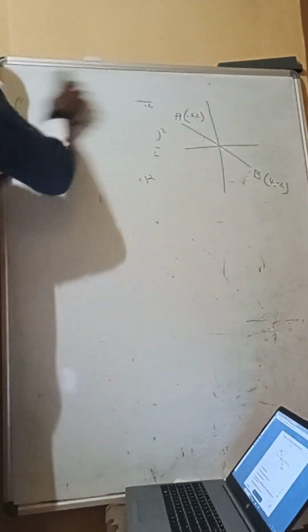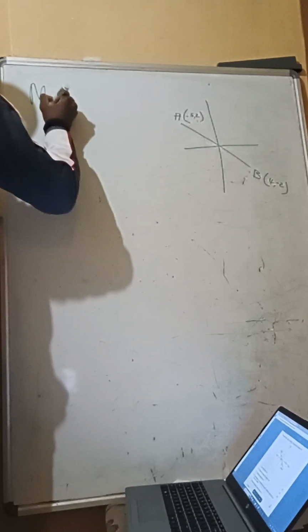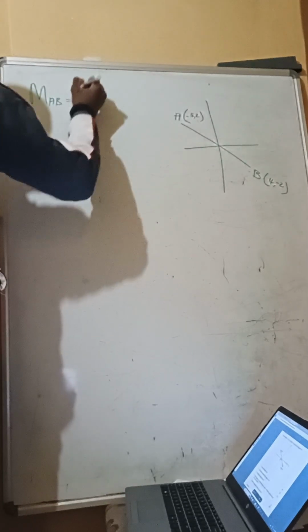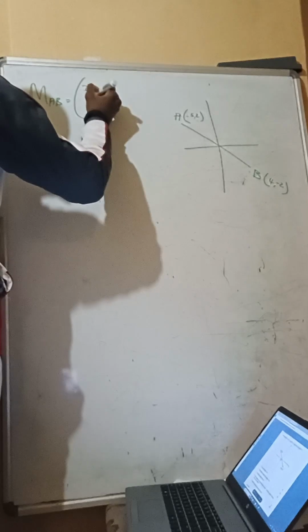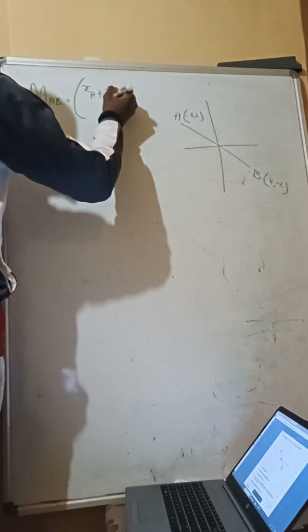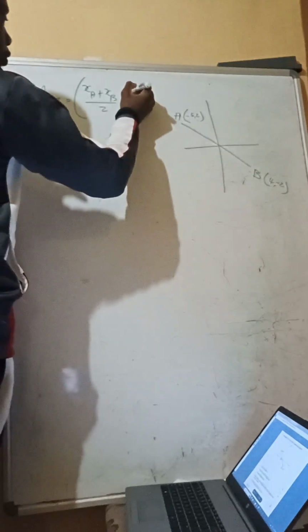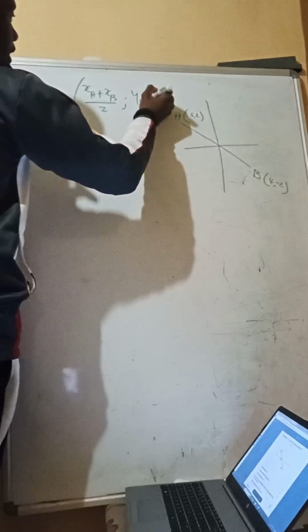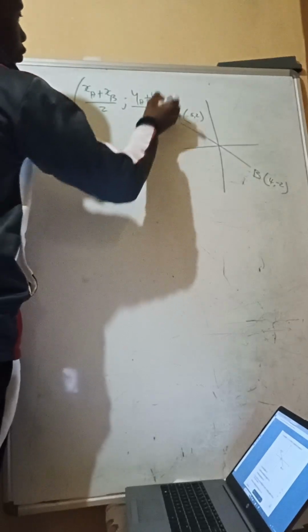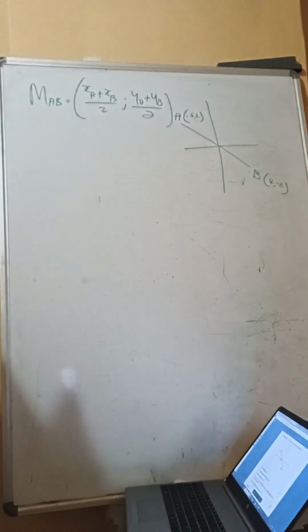Now they want what? They want the midpoint of AB. Good. The midpoint. Remember, for midpoint we use AB is equals to x of A plus x of B all over 2 is to y of A plus y of B all over 2, close bracket.